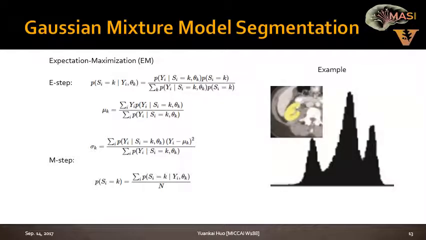Now here is an example of the histogram of a kidney, and the urine collecting system typically has the largest intensity in the image, which is the rightmost peak. If we use a GMM model, we would like to get the intensity on the rightmost peak as the segment.